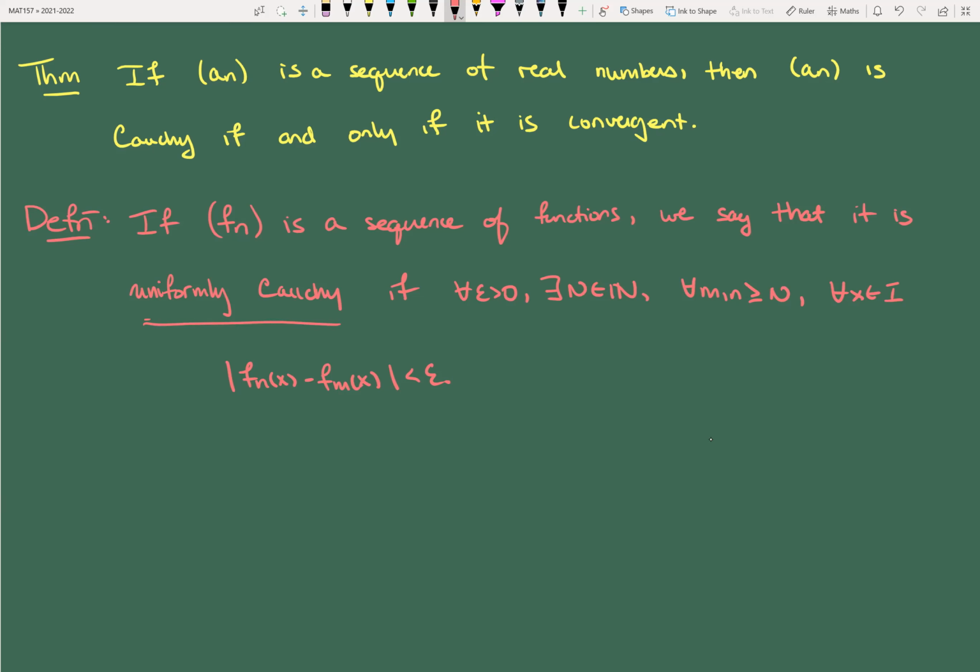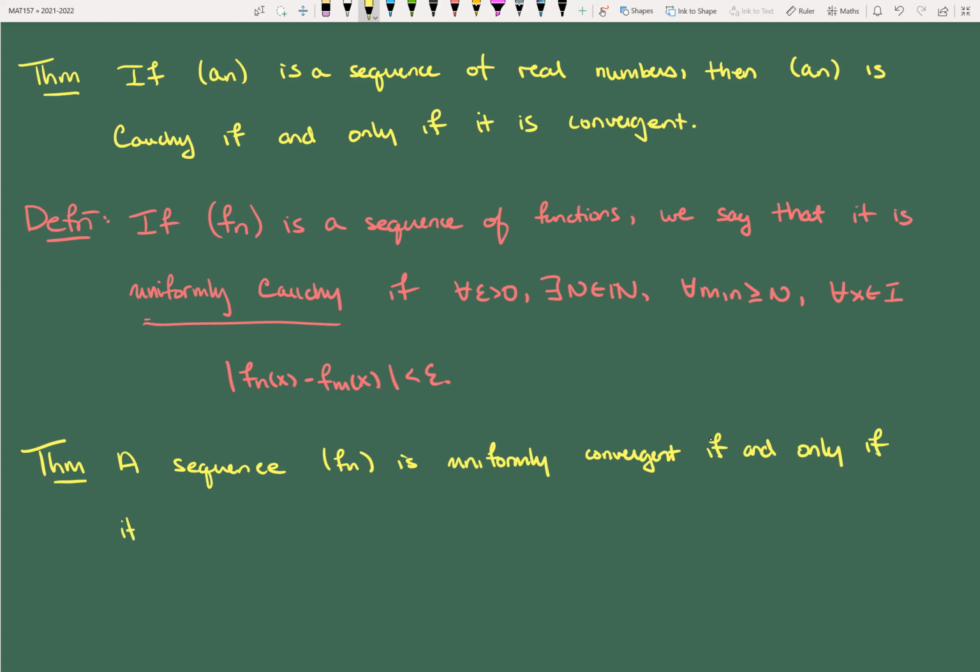And then we get that a sequence is uniformly convergent if and only if it's uniformly Cauchy.